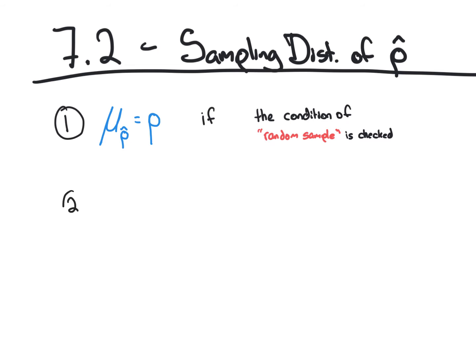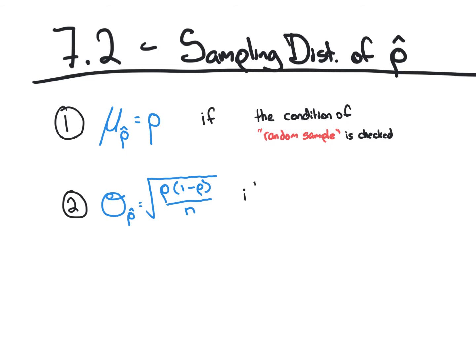After you know the mean, what do you need to do? Well, you need to know the standard deviation. So the standard deviation of all the p hats is equal to the square root of p times 1 minus p over little n, and that's all underneath the square root. That is straight from the formula sheet again. That is where we will find our standard deviation.